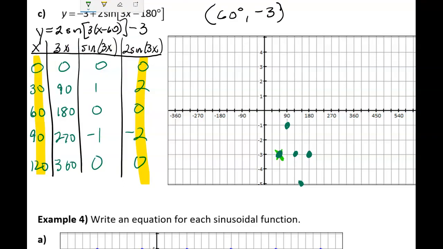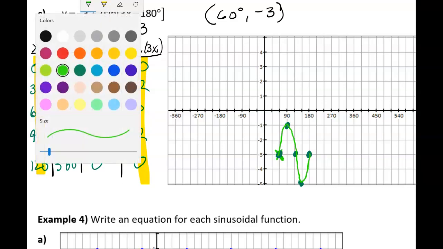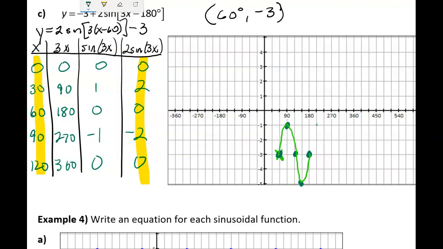So it looks like there is one cycle of this graph, and then we can just fill in the rest here. Just going to keep going up and down until we get to the end of the graph. So let's fill in a little bit more.